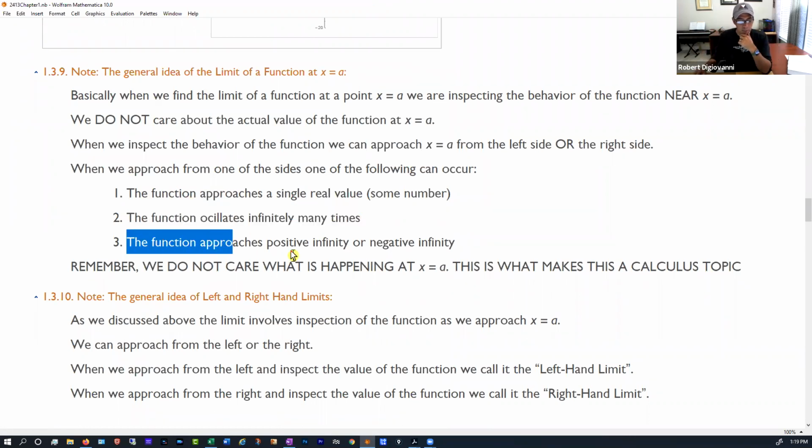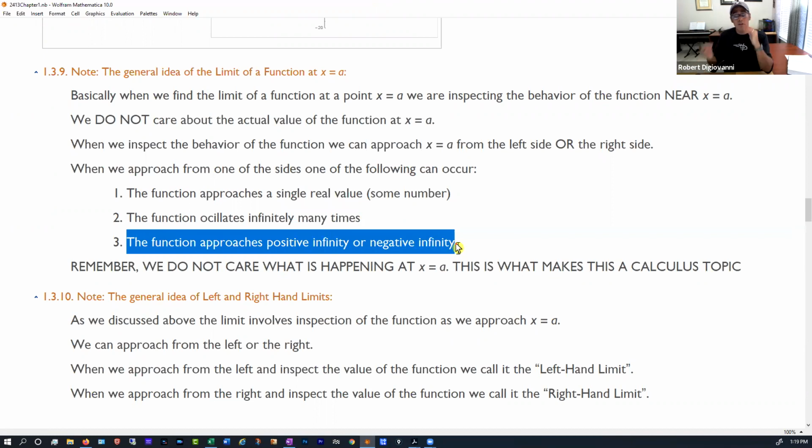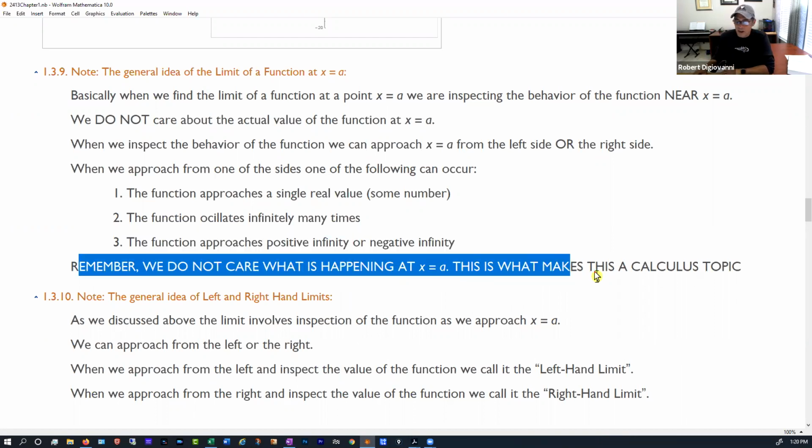Or the function can approach positive or negative infinity. Those are the only three outcomes. Remember, and I keep saying this, we don't care what's happening at a, okay? I don't care at all.